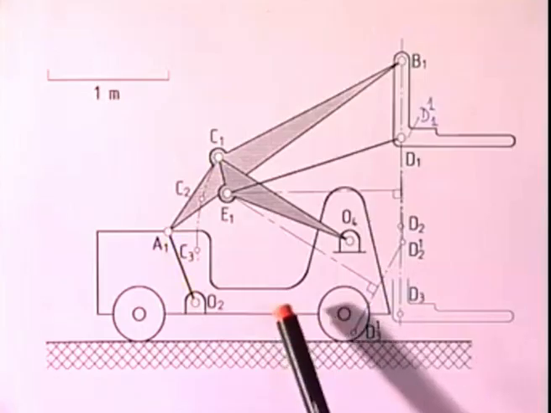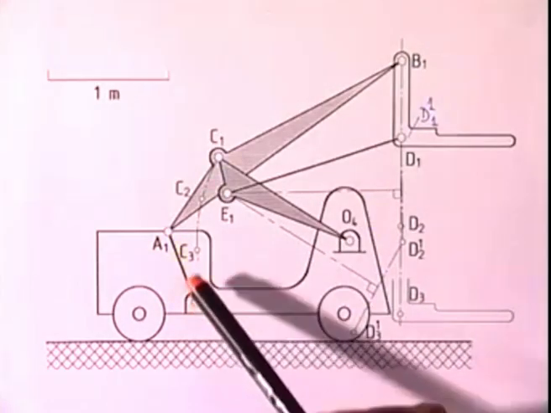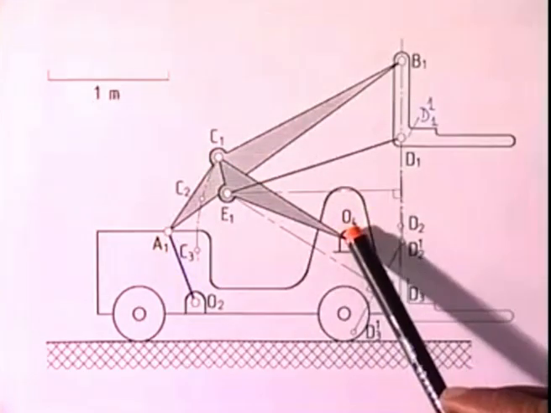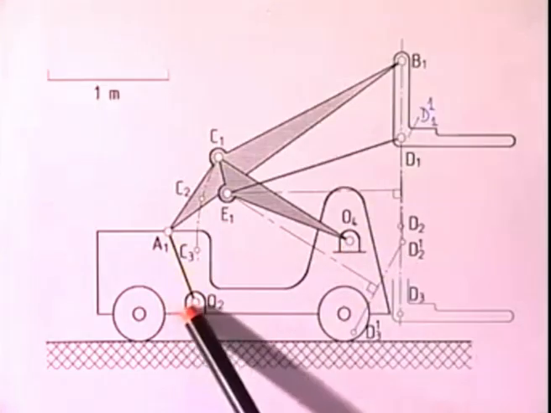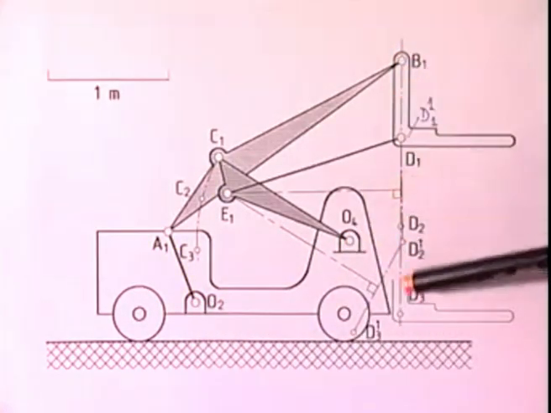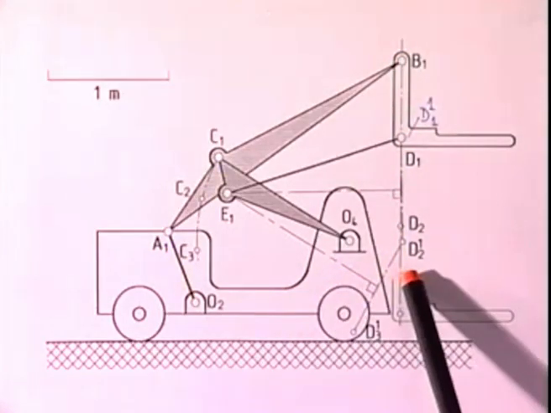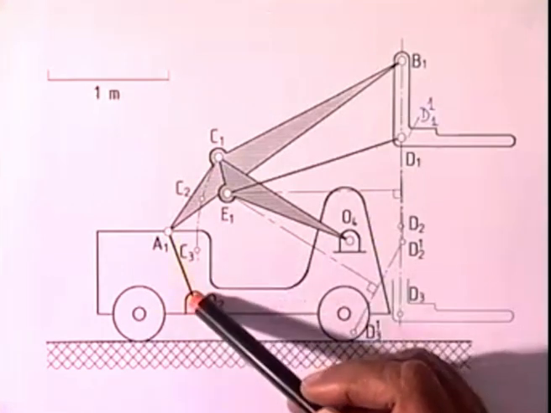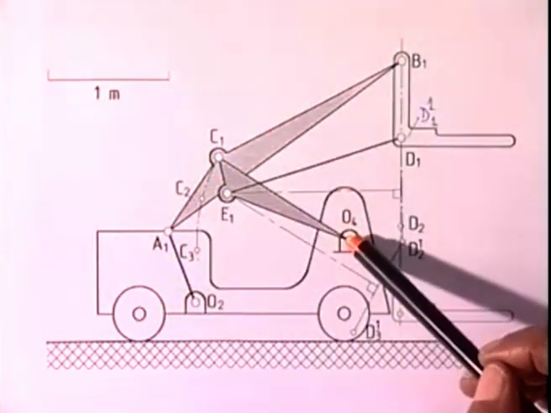So at the second stage of our synthesis, we have determined this linkage O2, A1, C1, O4, out of which O2 and O4 had been chosen conveniently on the body of the truck. The line of travel of the fork was also conveniently chosen in the front of the truck, and we have come up to this design O2, A1, C1, B1 and O4.